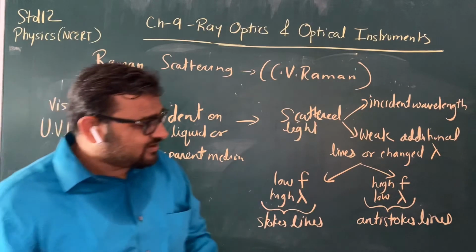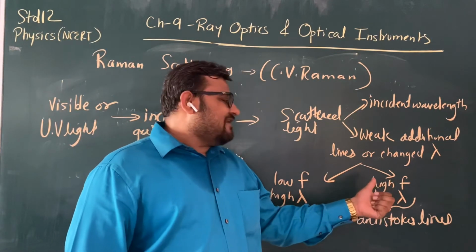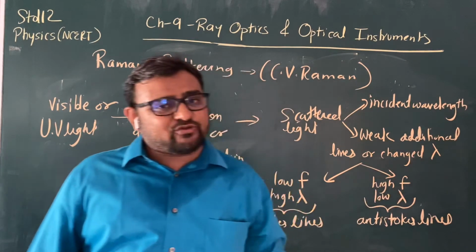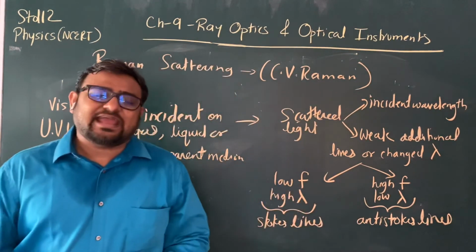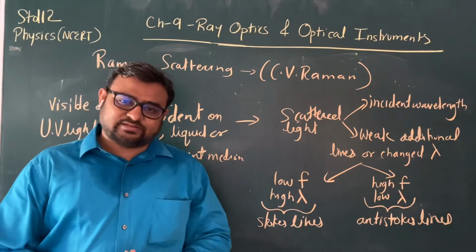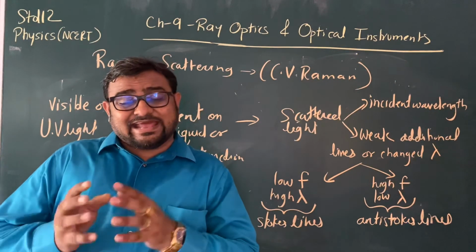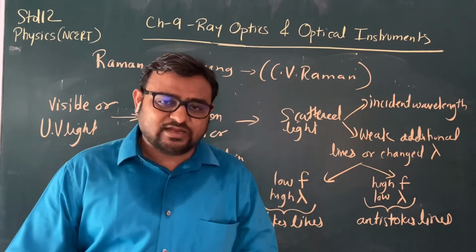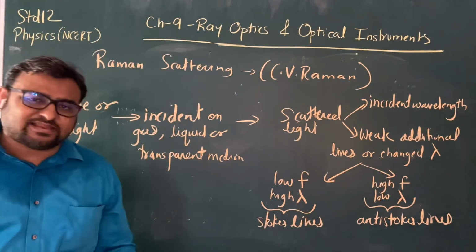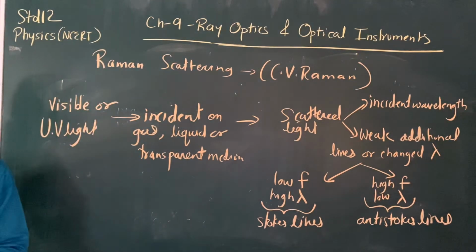And if the wavelength is lower, or of higher frequency compared to the incident light, then they are called anti-Stokes lines, right? These Raman lines give the characteristic of the material. So this was about Raman scattering or Raman effect. Okay, so just note down these points.